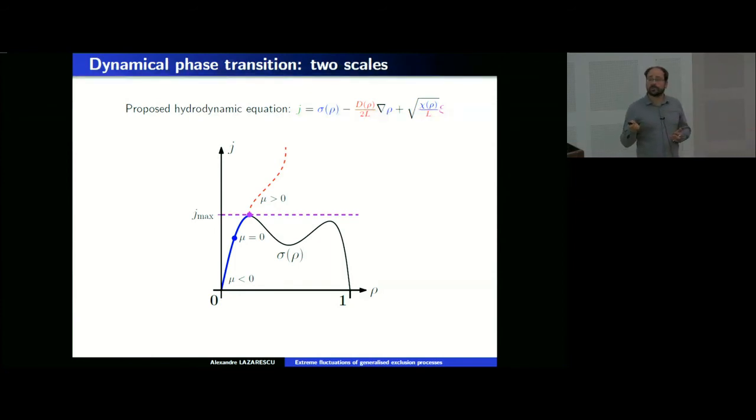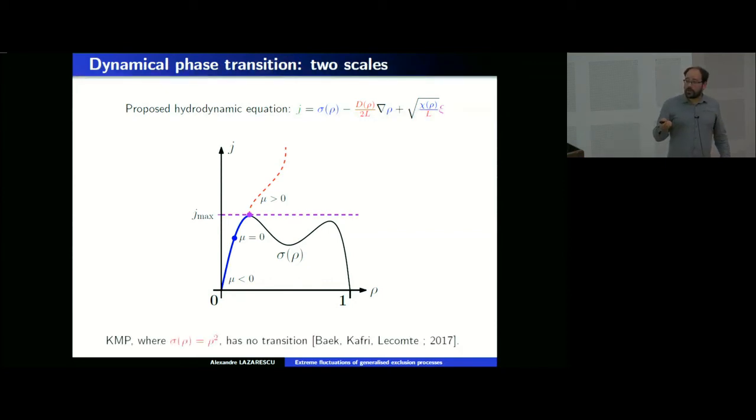But in fact, the easiest way for the system to realize that larger current is not only to speed up all the particles independently, but also to organize them so that they can jump all at the same time, which means to alternate them, which means to introduce correlations in the states of the system, which is what we can do in the limit of very, very large currents. In all cases here, the density goes to 1/2, and long-range correlations appear in the system.